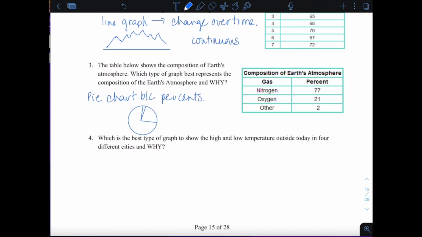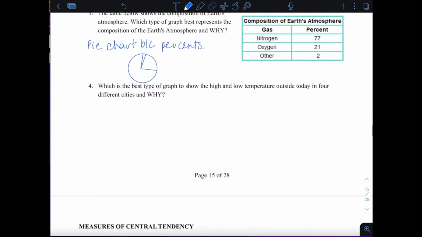Okay. Which is the best type of graph to show the high and low temperature outside today in 4 different cities? Because we have 4 different cities, what we probably want to do is a double bar graph. So I'm going to put my temperature here. I'm going to put the cities here.